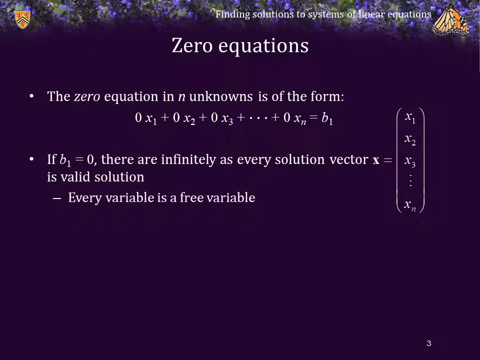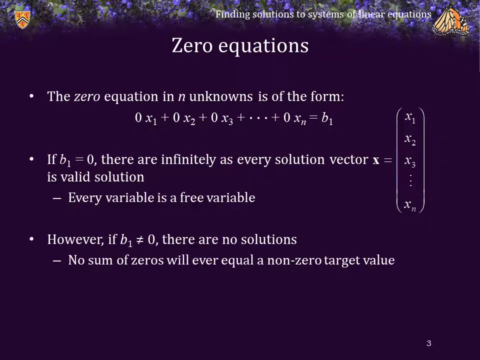Basically, all n variables are free. You are free to choose any values you want. If, on the other hand, the target value is not 0, then there are no solutions, because no sum of zeros will ever equal a non-zero target value.